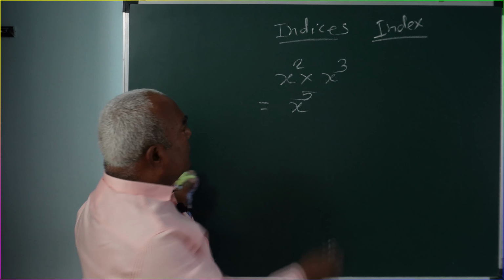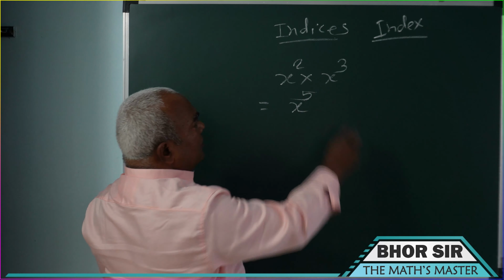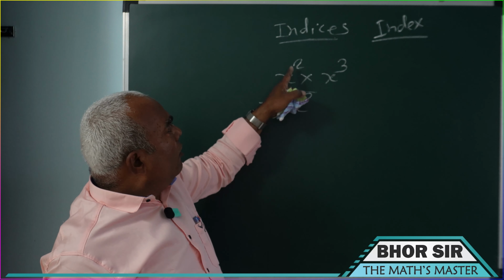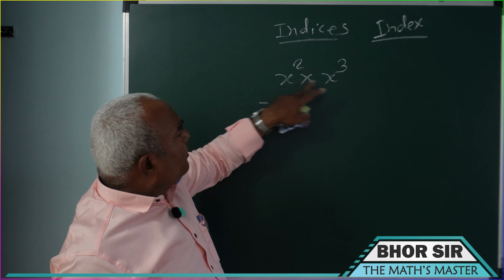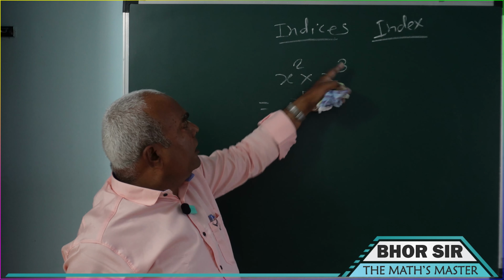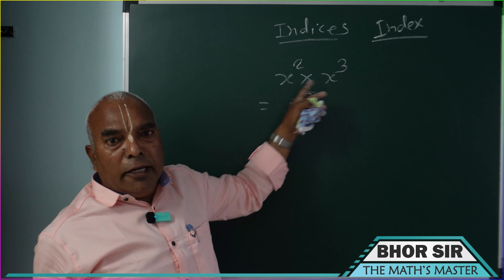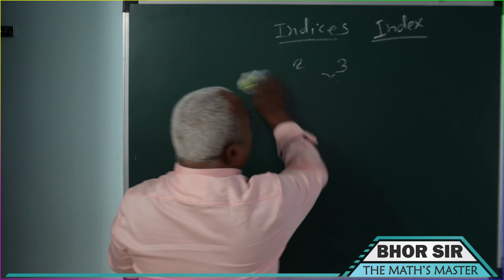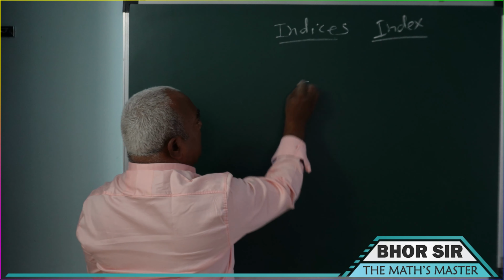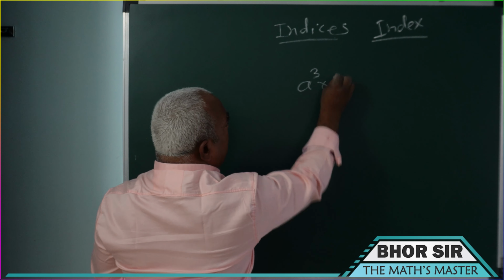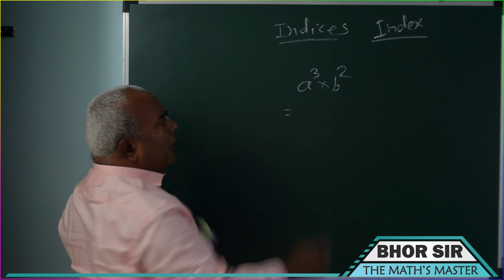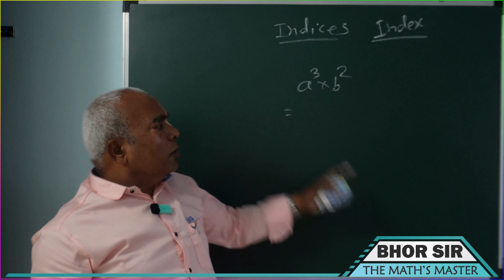If there is multiplication of two terms, then we should do addition of the indices when the base is the same. Suppose here is a cube and here is b square, then we should not do addition of this.